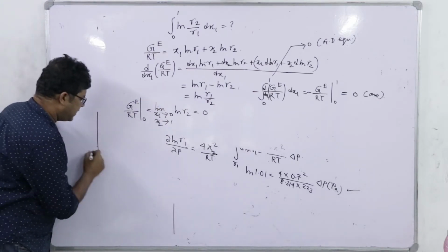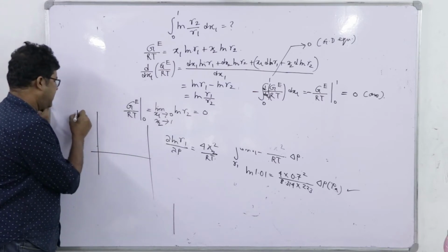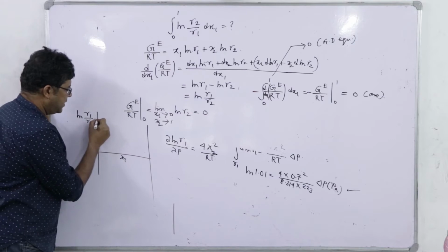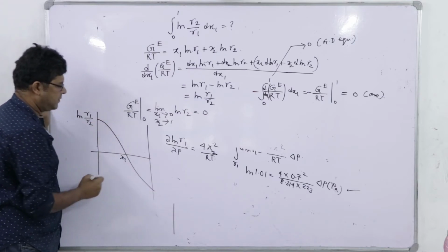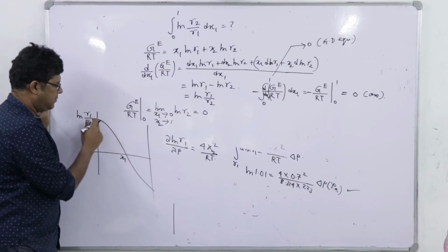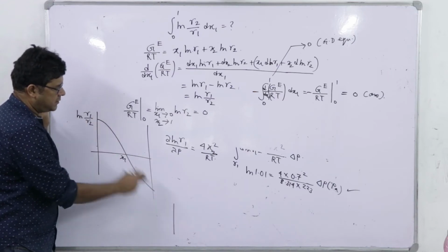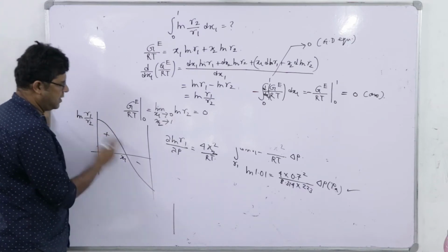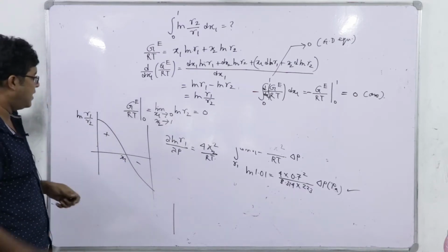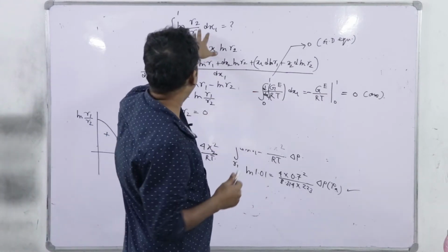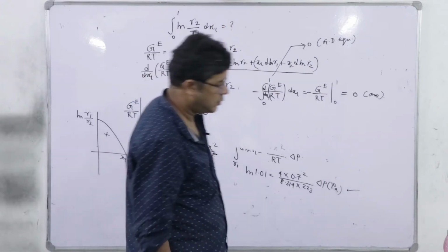That is what I am trying to mean: if I plot ln gamma 1 by gamma 2 versus x1, it will be a kind of plot like this. It may be a straight line or close to a straight line, but this area and this area will exactly cancel out each other, which is the geometric implication of this integral equal to 0.